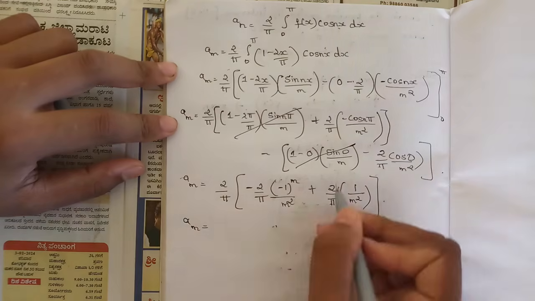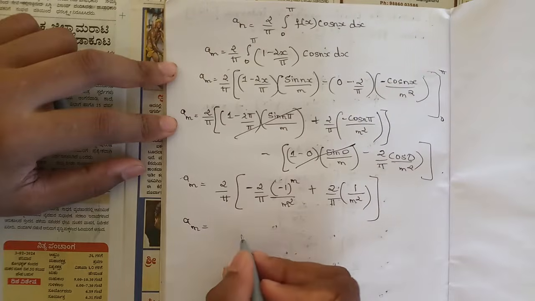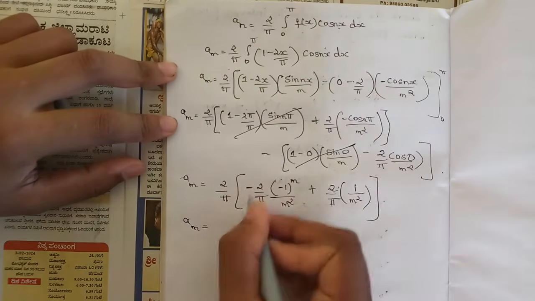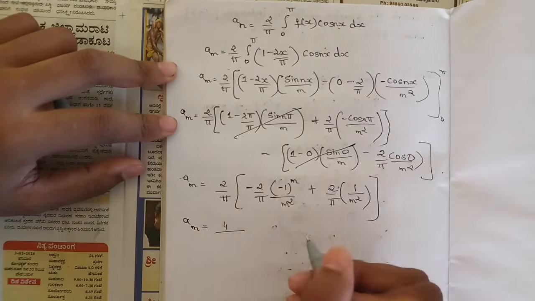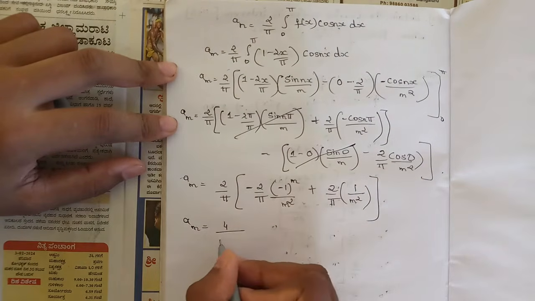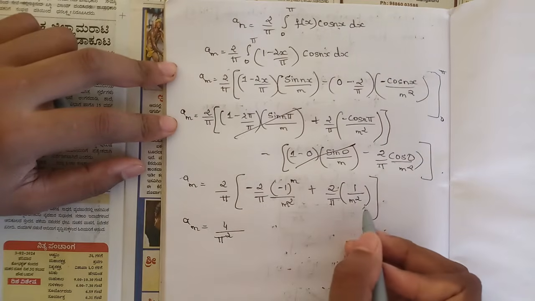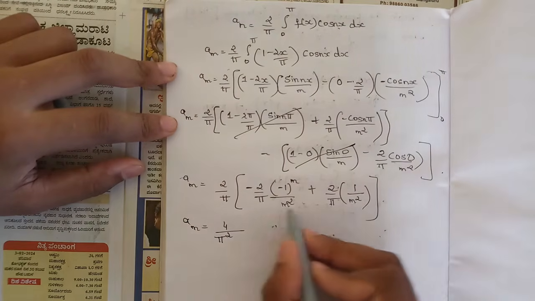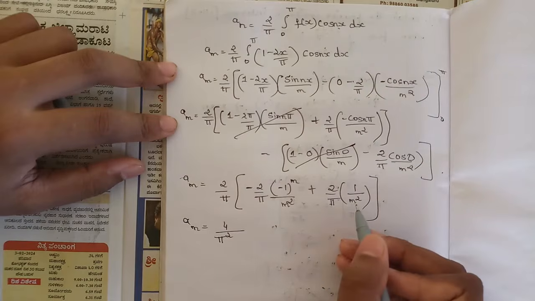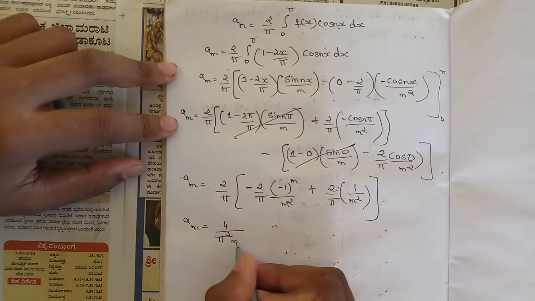Now here 2 by pi is common, take it outside, so 2 into 2 is 4, and pi square. We can also take n square outside, since it is repeated.